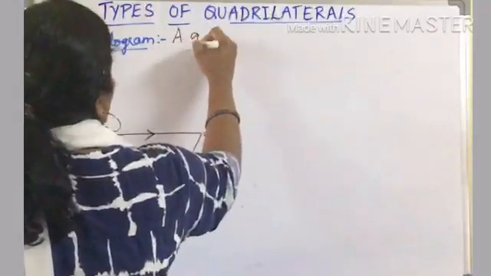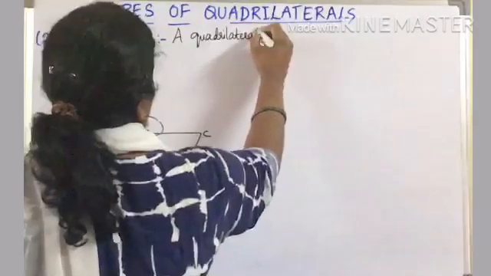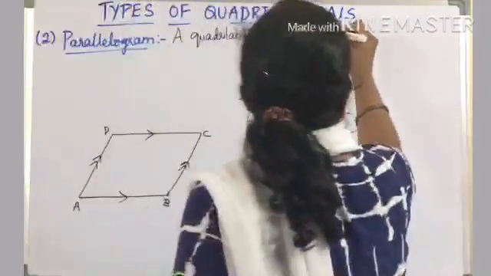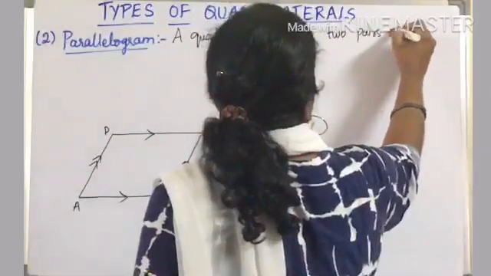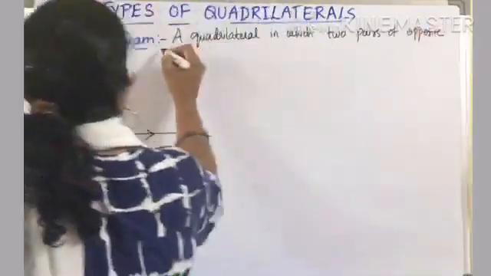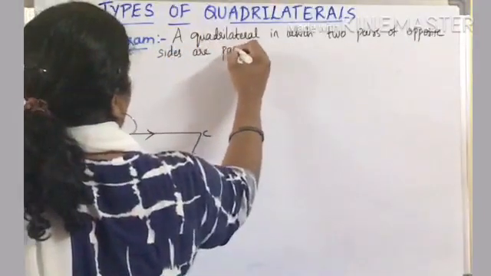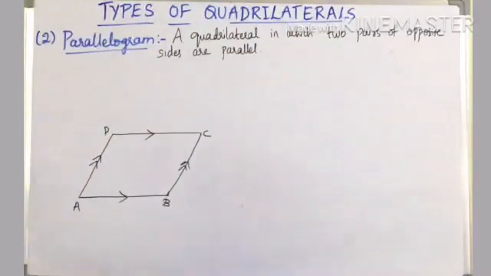So the definition: a quadrilateral in which two pairs of opposite sides are parallel is called a parallelogram.